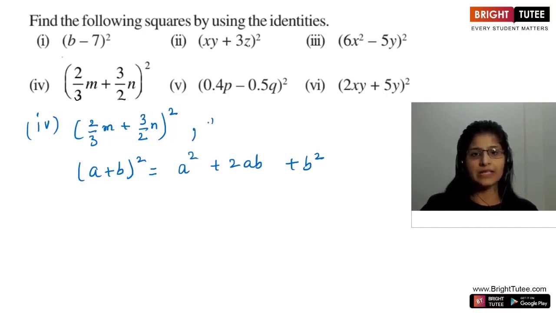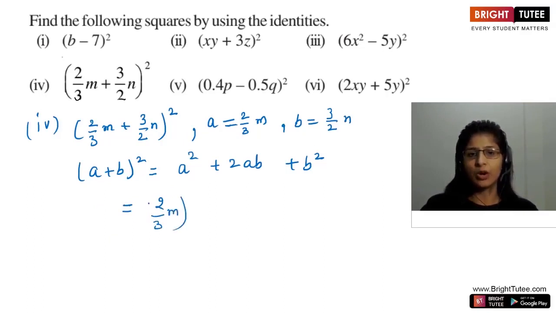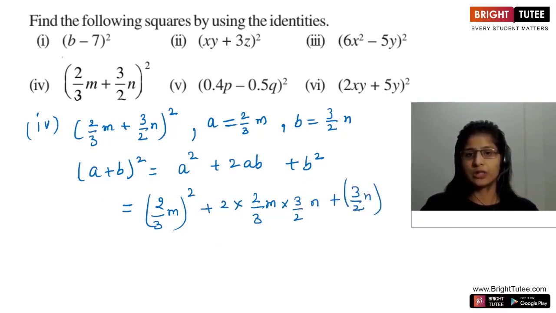So comparing it, a is equal to 2 upon 3m and b is equal to 3 upon 2n. Now we will put these values of a and b. A is 2 upon 3m, so (2 upon 3m) whole square plus 2 into a, which is 2 upon 3m, into b, which is 3 upon 2n, plus b square, which is (3 upon 2n) whole square.